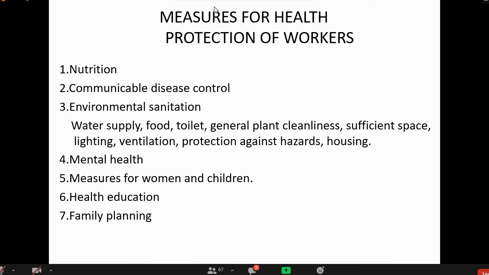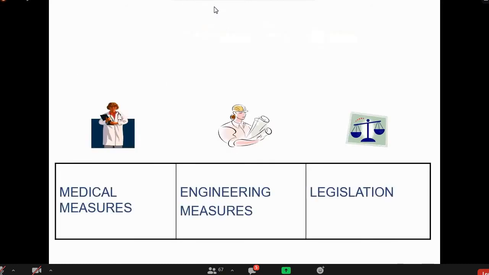Then mental health is important. Measures for women and children separately are important. Health education is important, and family planning is important. All these things should be provided to the workers. These are the basic things which should be given.